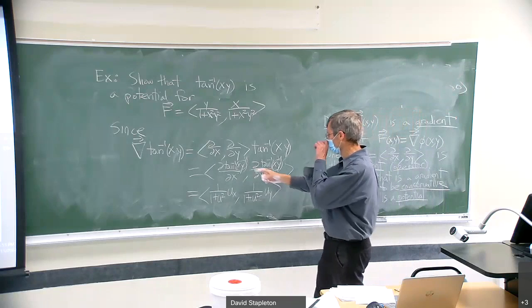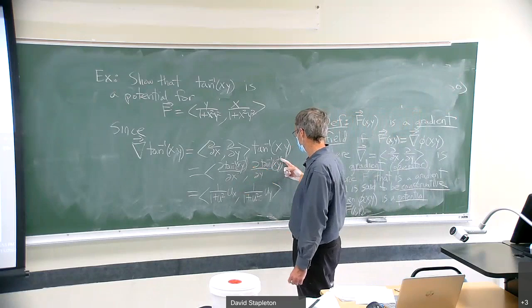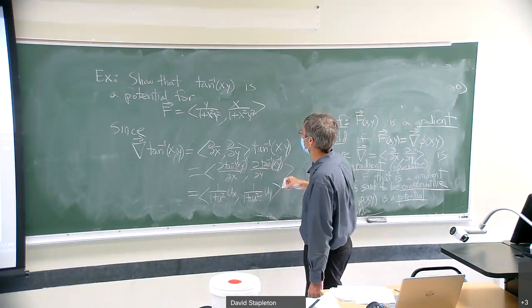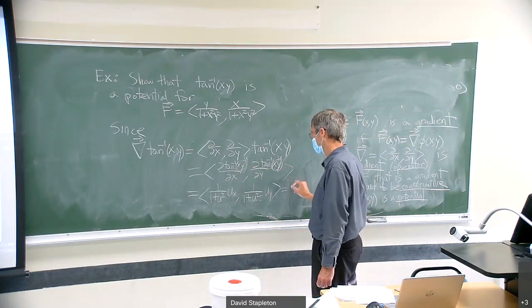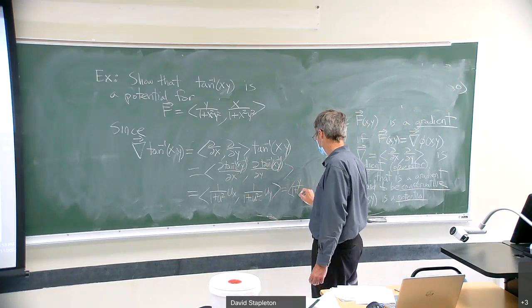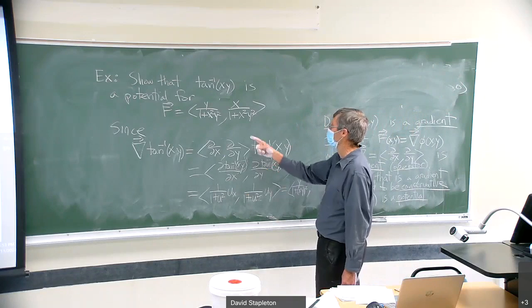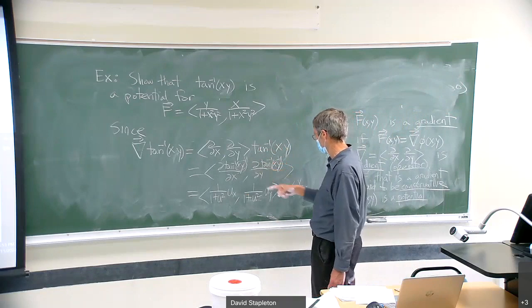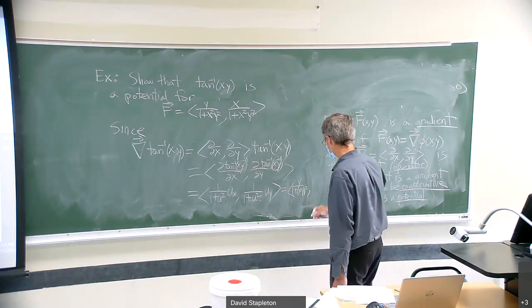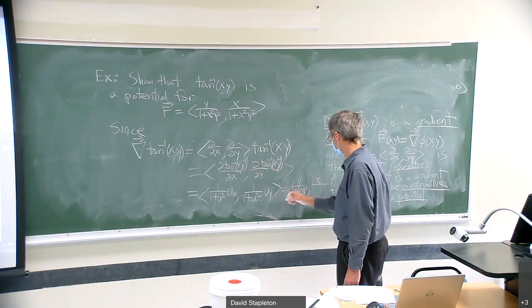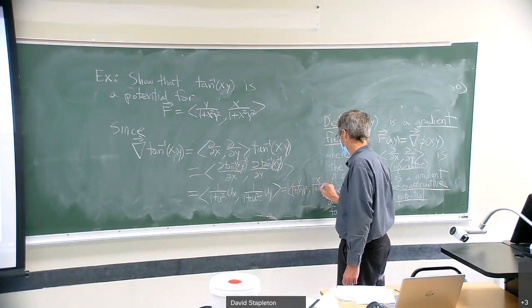So what is partial of u with respect to x? Oh, it's just y. Partial of u with respect to y is just x. And so sure enough, you get back what you have there. You get y over 1 plus u squared, but u is xy. And partial of xy with respect to y is x, over 1 plus u squared is 1 plus x squared y squared.